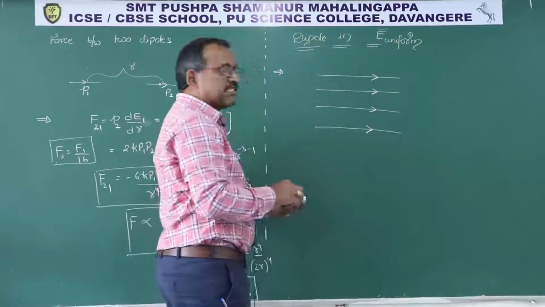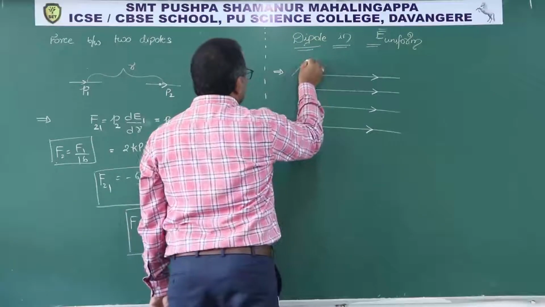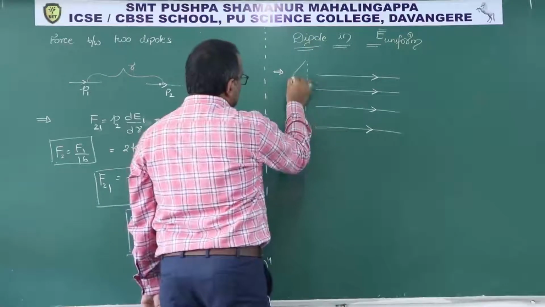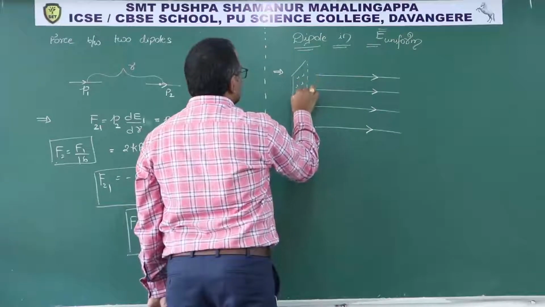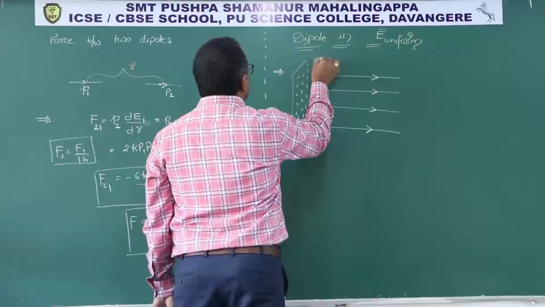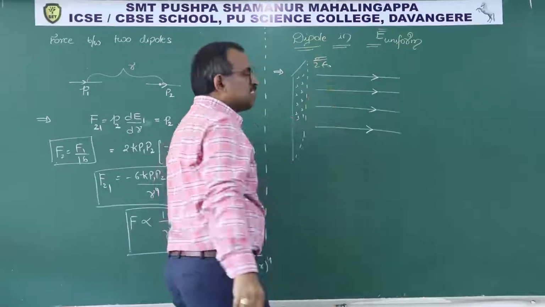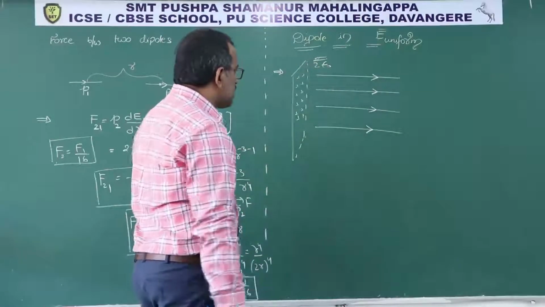Now this is possible because of sheet of charge. I hope everybody knows about this. Sheet of charge. Positive, positive, positive, positive. In board level you studied. Sigma by 2 epsilon naught is the electric field which is path independent. Crystal clear.